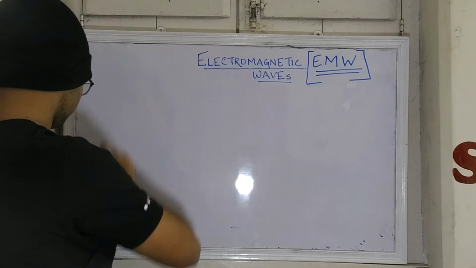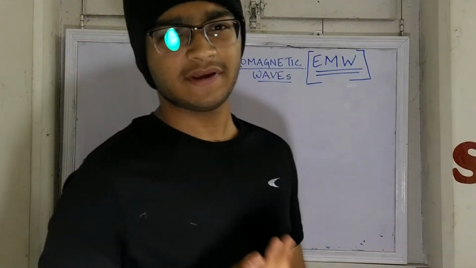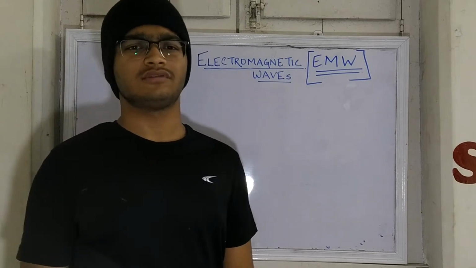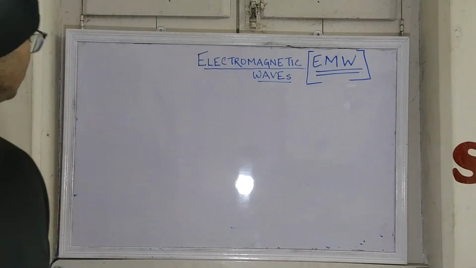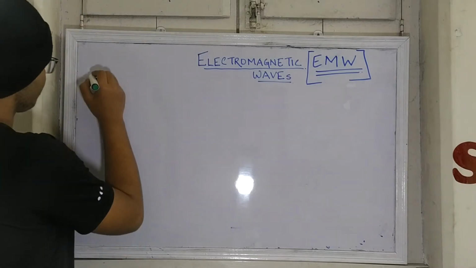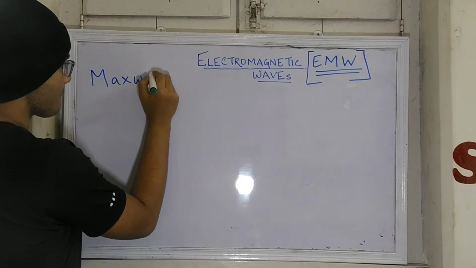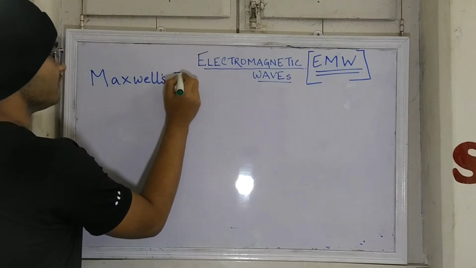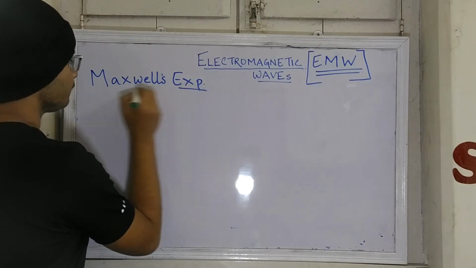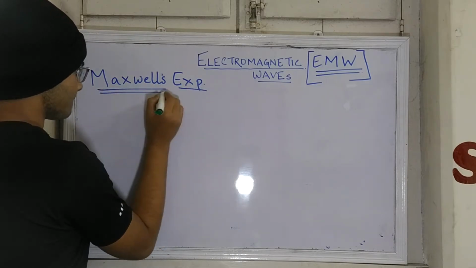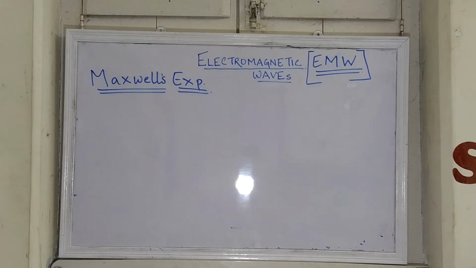His point was to prove that change in electric field also produces a magnetic field. Maxwell's experiment to prove his point.